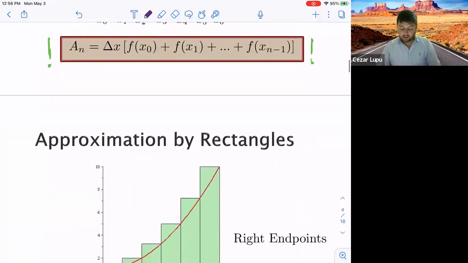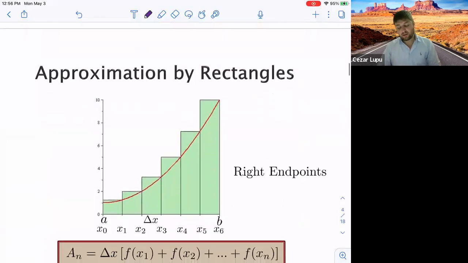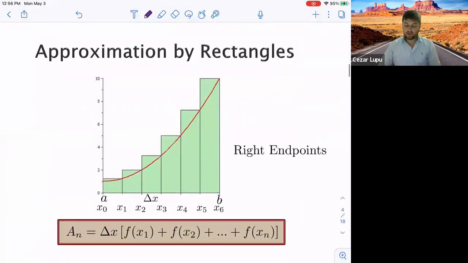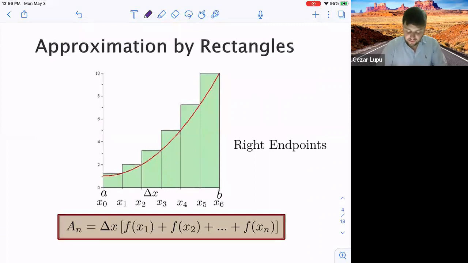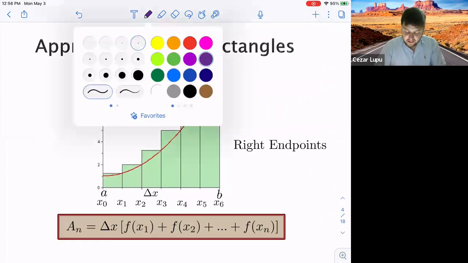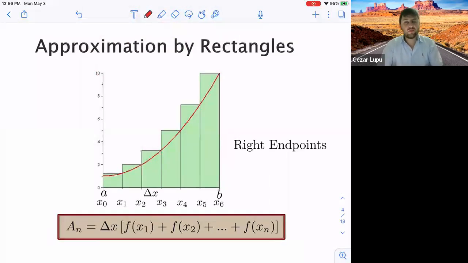Let's look closer here. What if we do it by the right endpoints? I want you to look at this picture. Basically, when we do it by the right endpoints, it's the same thing. But anyway, let's suppose that the graph of f is like this. What I'm interested in is to measure the area under the graph, right?